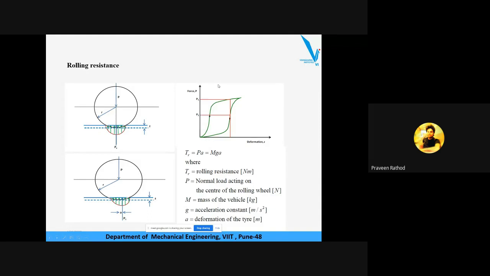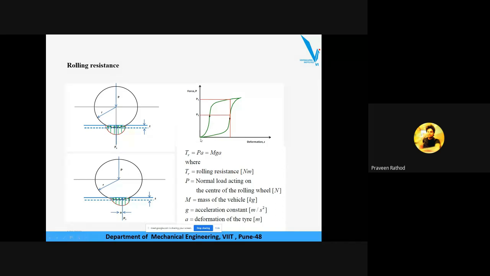We consider this point as P1 and this point as P2. Due to the hysteresis, the force P for the same deformation Z of the tire material is greater at loading than at unloading.